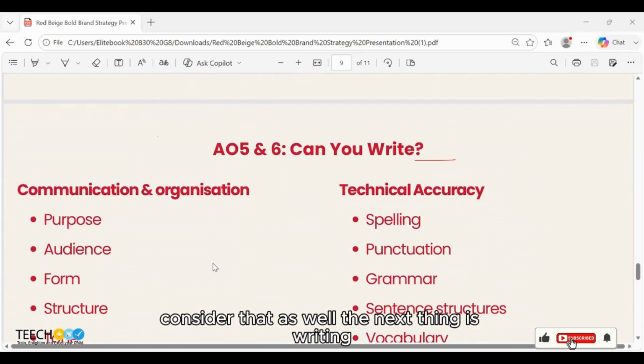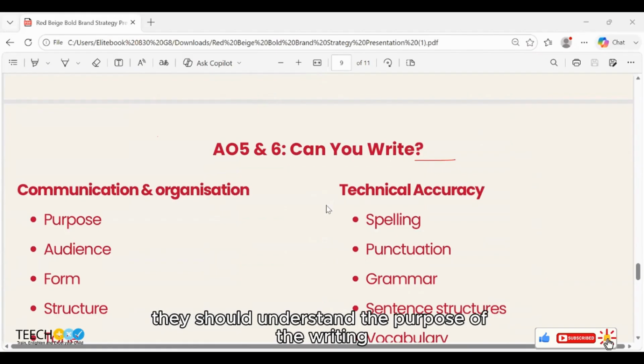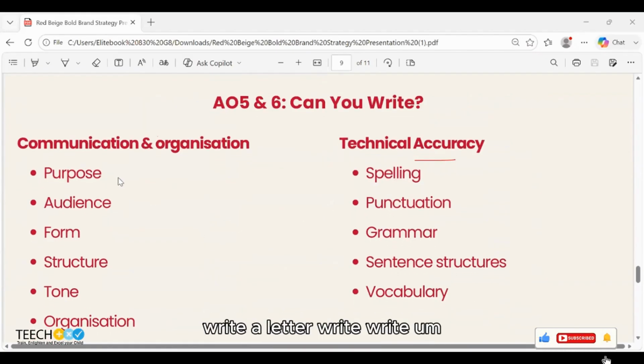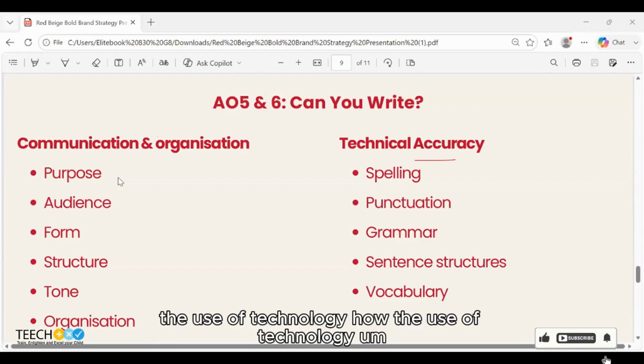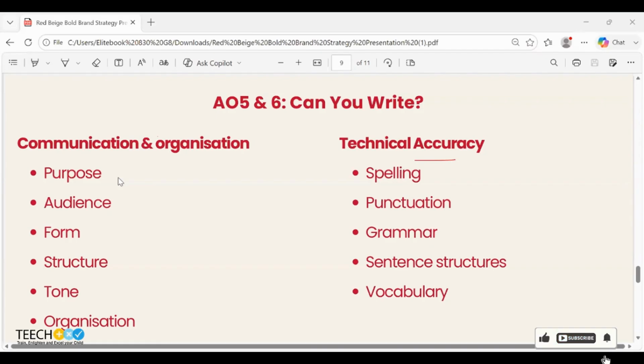The next thing is writing, of course. They should understand the purpose of the writing, because these things are usually checked. Okay, write an article for your school magazine, let's say, on how the use of technology hampers learning in the learning environment.